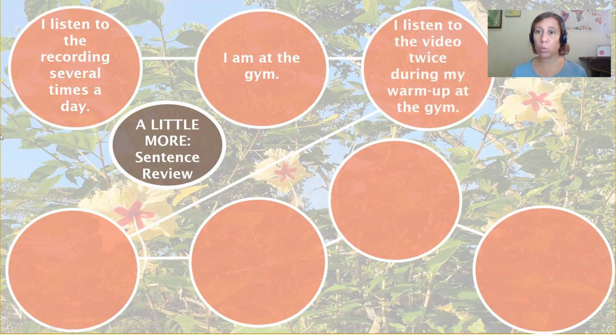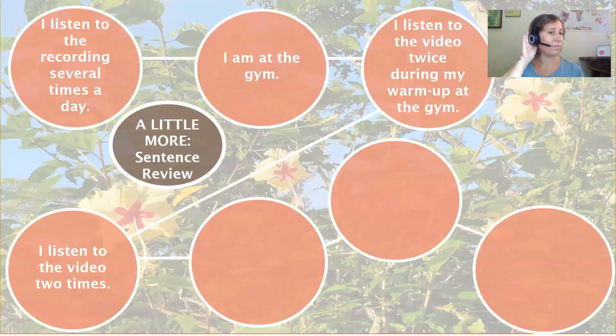I listened to the video twice during my warm-up at the gym. I listened to the videos 2 times. Notice we can say I listened to them twice, or I listened to them 2 times.